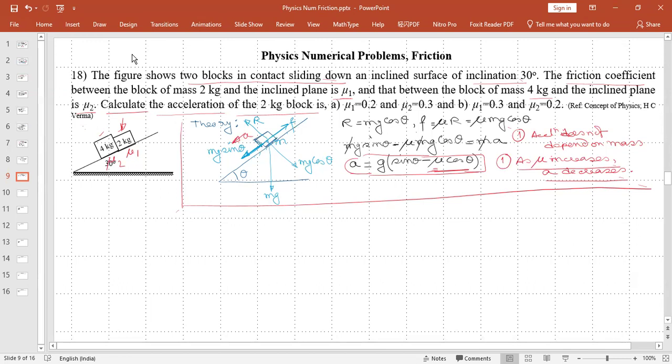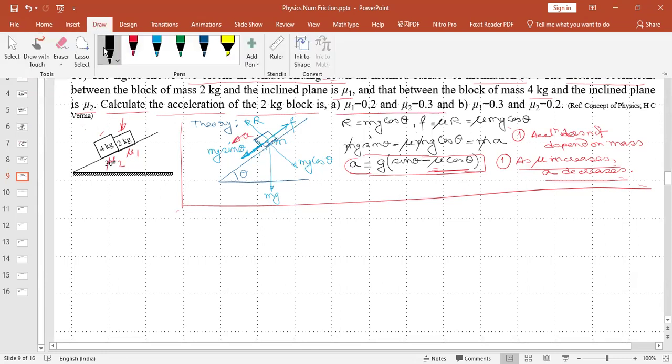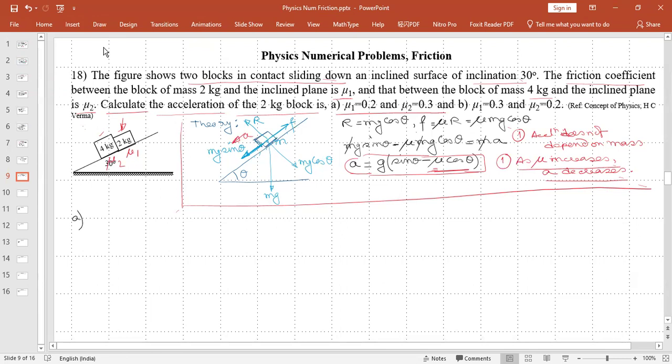So this is the part of the general theory which is useful to remember, and that will make it easy to solve the problem. Now coming to the problem, in case A, the values of mu1 and mu2 are given, where mu1 is equal to 0.2 and mu2 is equal to 0.3. So which mu is higher? Mu2 is higher. Mu2 is the 4 kg body.